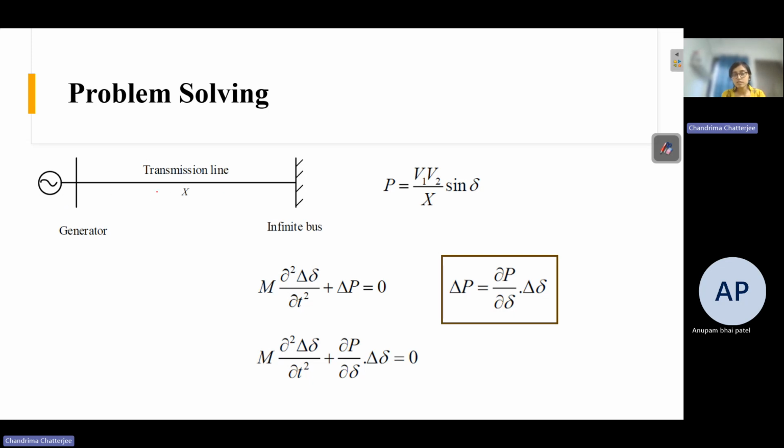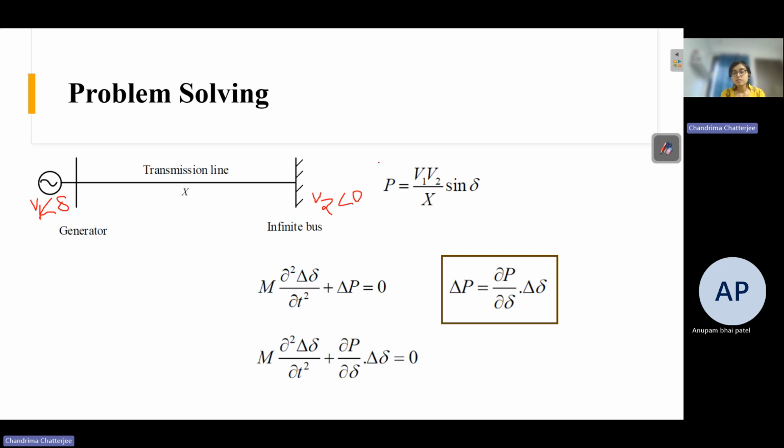This is just a transmission line, only the transmission line. This is the sending end with the voltage V1 angle delta and the receiving end V2 angle 0, and X is the reactance of the transmission line.